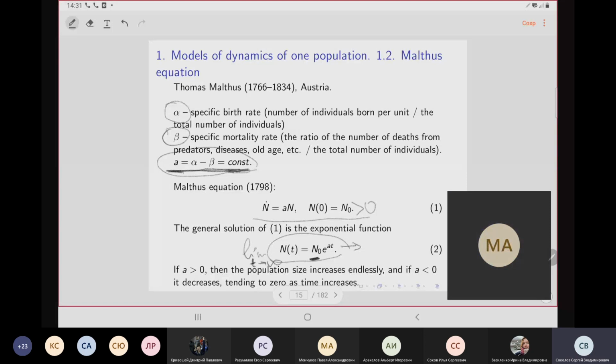The A is not constant in real life because the birth rate and the mortality rate depend on some factors connected with the environment, with the amount of food and so on. So it doesn't work. Another problems. So first is A is not constant in real life. Okay, another problems in this model.